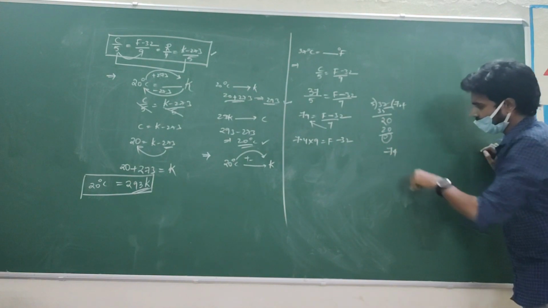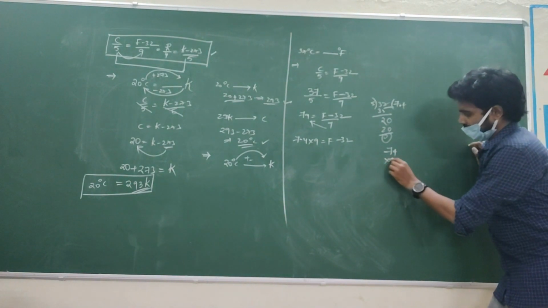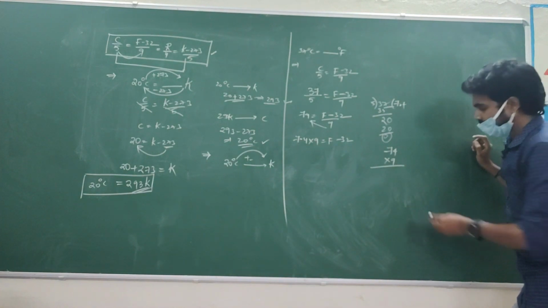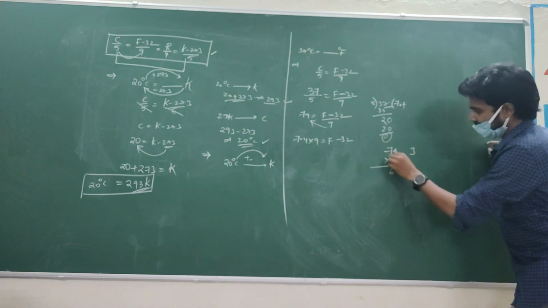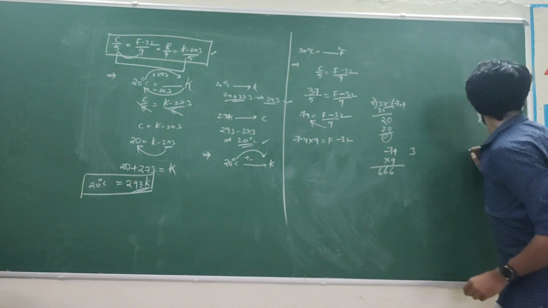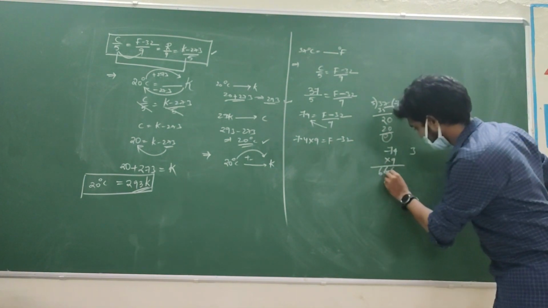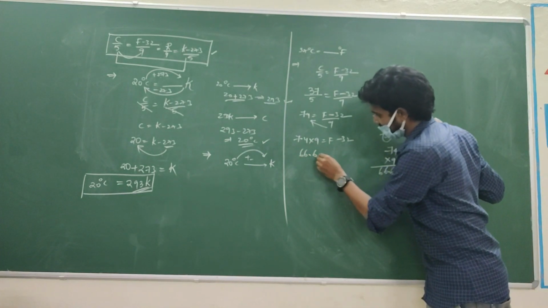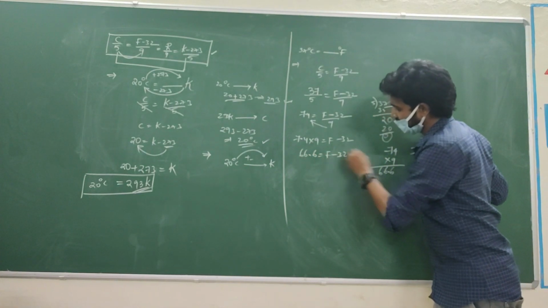So let's multiply these two. Let's ignore the point first, then we'll add it in the answer. 9 times 4 is 36, 9 times 7 is 63 plus 3 is 66, right? We have only one decimal place here, so let's put 66.6, right? 66.6 = F − 32.